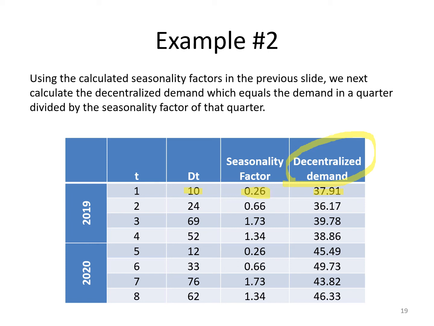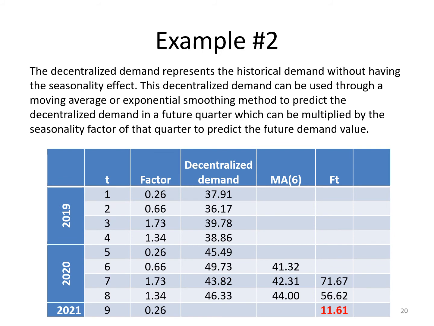And then if you have a prediction for a decentralized future demand, you can simply multiply it by the seasonality factor that corresponds to that period, and you will come up with your forecasted demand for that specific period that takes into consideration the seasonality effect again. So that's exactly what we did here.